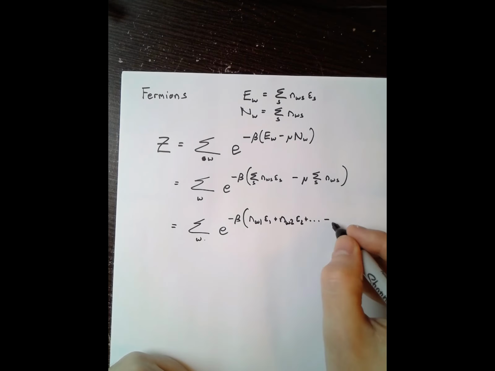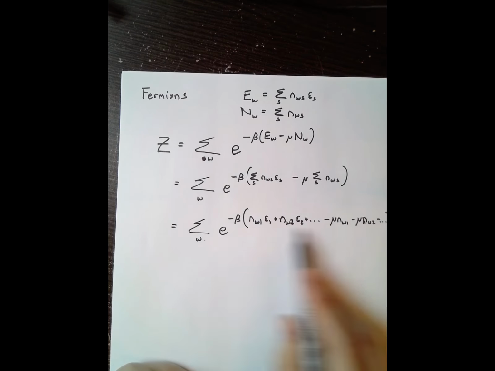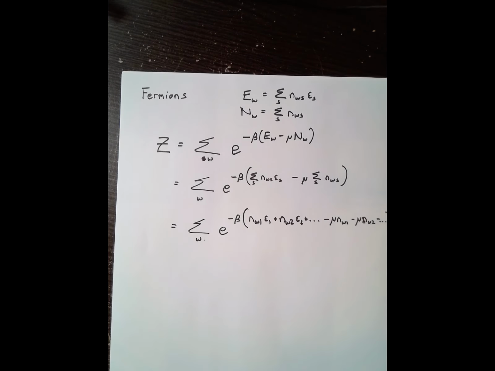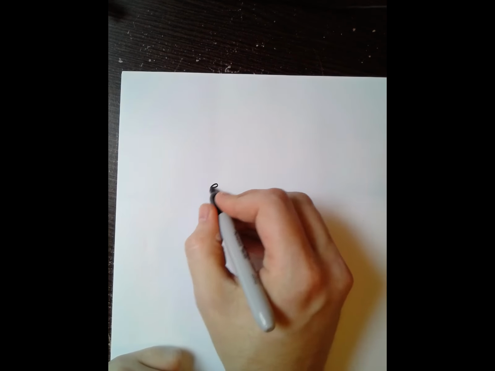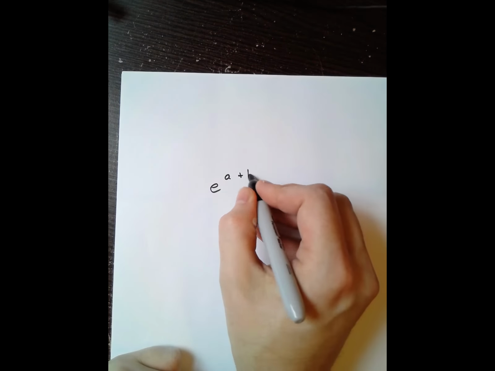And then we've got minus mu n_w1 minus mu n_w2 and so on. So it's just a long sum in the exponent. Now, we know that e to the a plus b is equal to e to the a times e to the b.